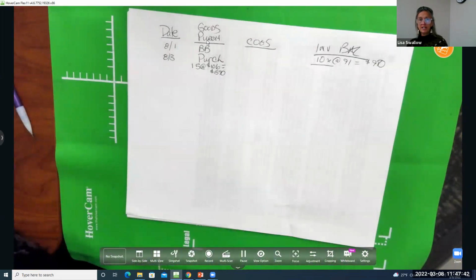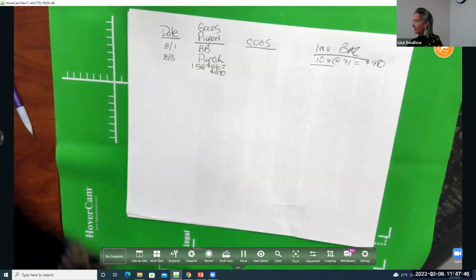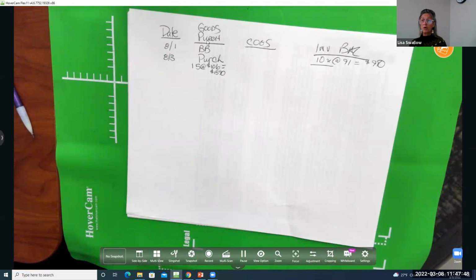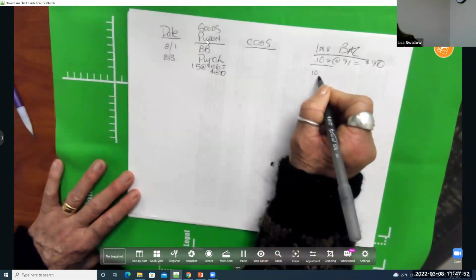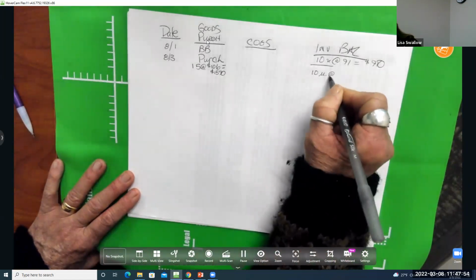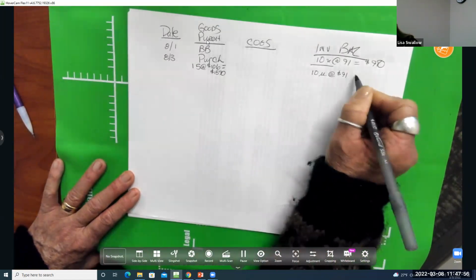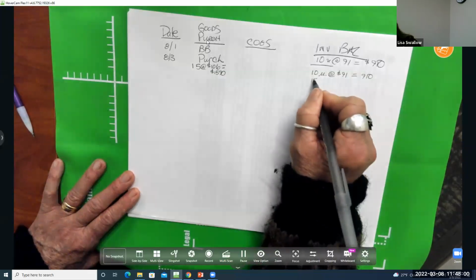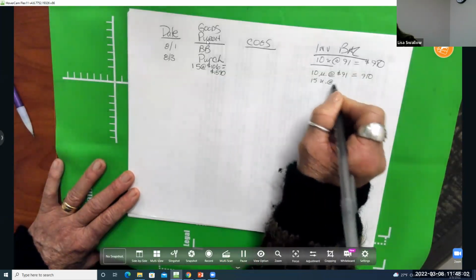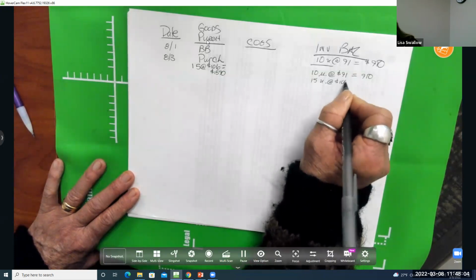Now, when I come over here, I've got 25 bikes. We have to write out what those 25 bikes are. So I know this is a little redundant, but bear with me. So I've got 10 units at 91 bucks. And 15 units at 106.